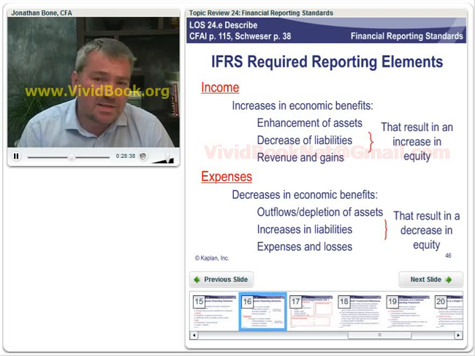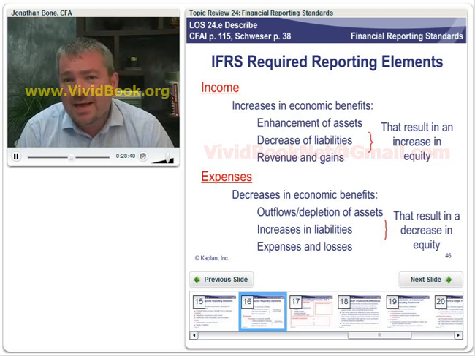When we look at expenses, the same is true, a decrease in economic benefits. So notice outflows or reductions in assets, increases in liabilities, or expenses and losses in the income statement. Notice these all are items that decrease our stockholders' equity.